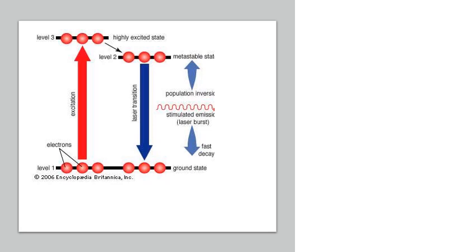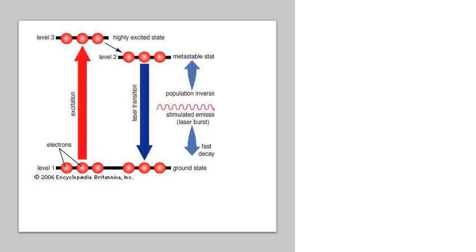We have discussed this emission in the last lecture. Electrons normally want to live in the ground state, level 1, and whenever we give some energy, due to excitation, it moves to a higher energy state. We have shown here as level 3.